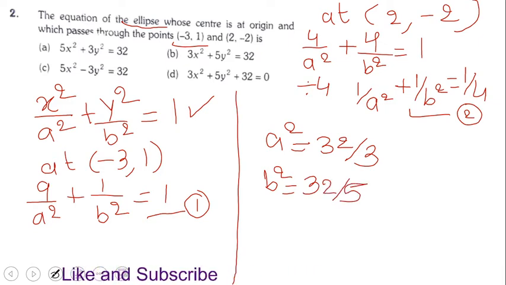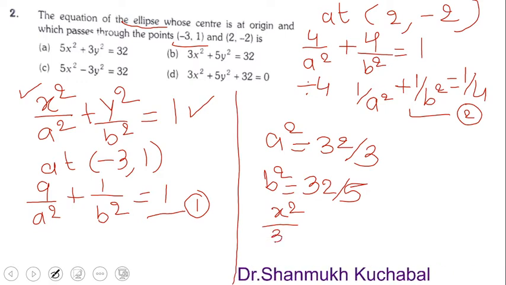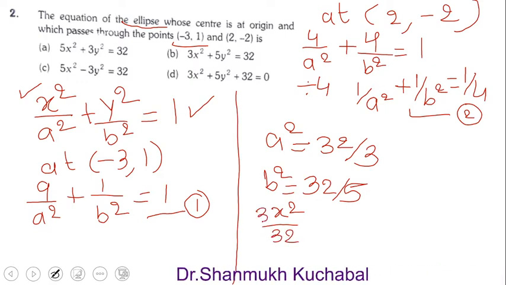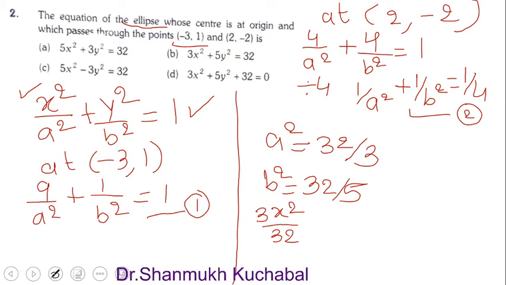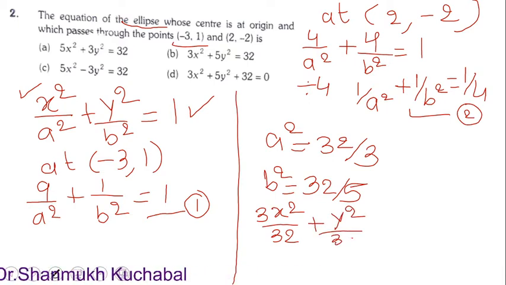Then, in the first step equation, we substitute the values of a and b. We get x square by a square, 32 divided by 3, transported to the numerator, plus y square divided by b square, 32 divided by 5, transported to the numerator, equal to 1.